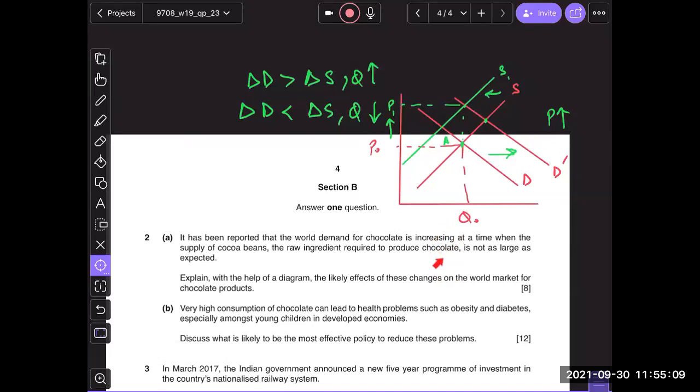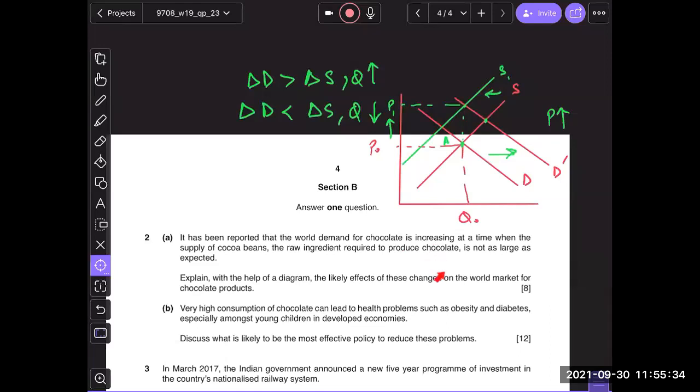Are you all with me? Does that make sense? So the factors causing it, they've given the factors also. The shortage in one of the key inputs is factor number 1, and factor number 2 is that your demand is increasing.